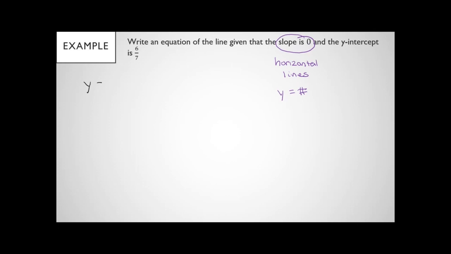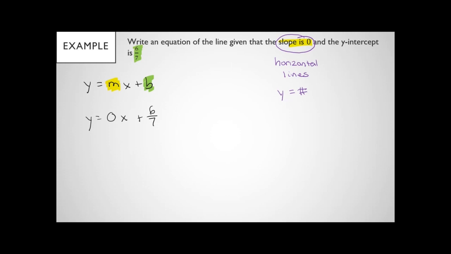Slope-intercept form is y equals mx plus b. Our slope is 0, so m is going to be 0. And then our y-intercept is b, so 6/7 is going to be b. So we're going to have y equals 0x plus 6/7.